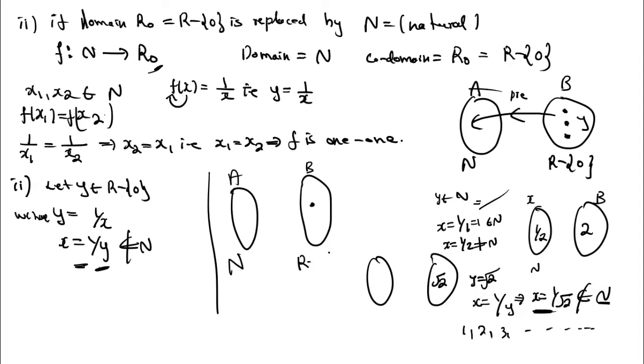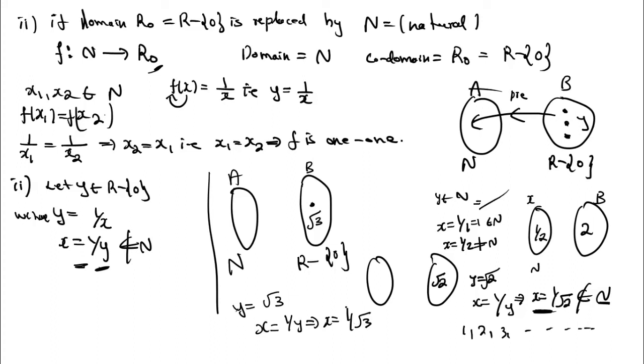But here your codomain is the whole set of real numbers other than 0. You can take any number. Suppose I am taking y equal to one element here, root 3. Then what's the value of x? We know x is equal to 1 by y. That implies x equal to 1 by root 3.